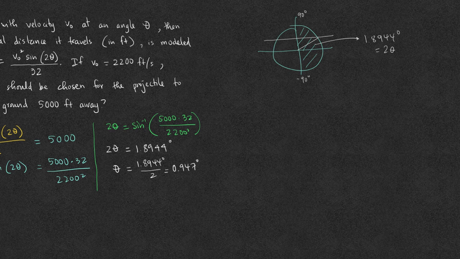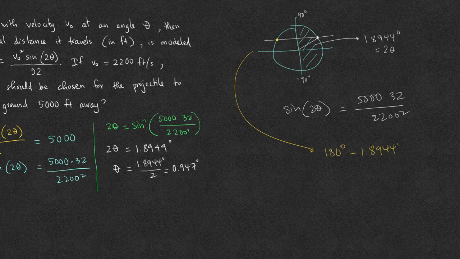There are infinitely many angles 2 theta such that sine of 2 theta will give us 5,000 times 32 over 2200 squared. Not just this particular one. There is another angle in the second quadrant as well, and that angle in the second quadrant is 180 degrees minus 1.8944 degrees, and this is 178.1056 degrees.